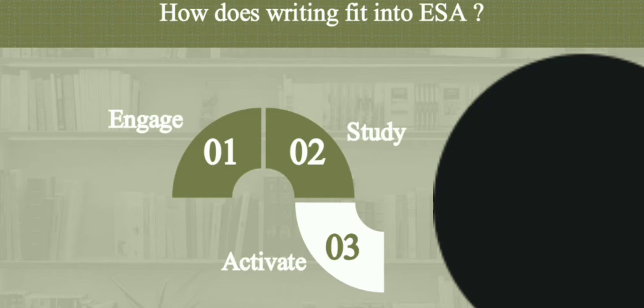In the case of the postcard, the teacher may first talk to students about postcards and or holidays in such a way as to engage them. Then they study the postcards looking for typical postcard features and finally they activate that knowledge by writing their own version.